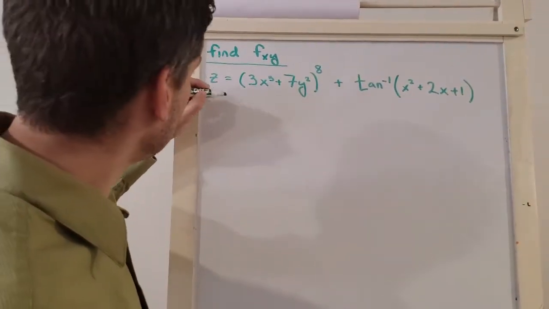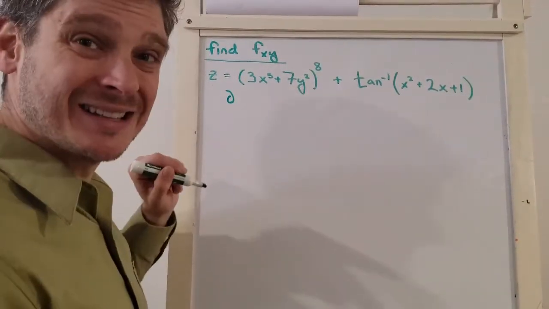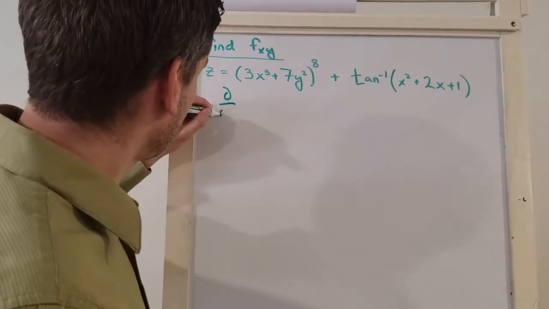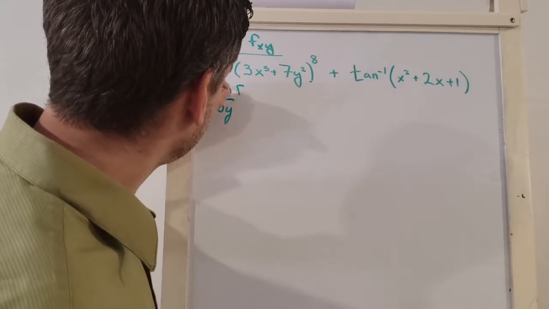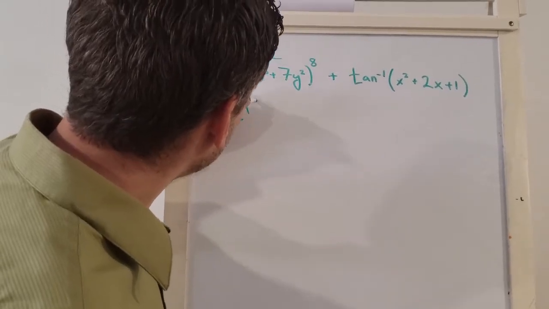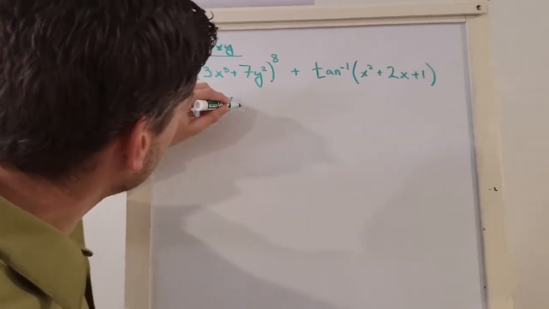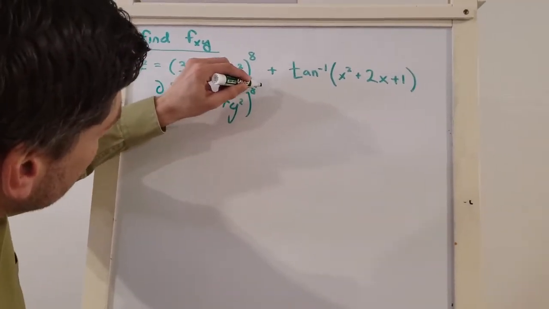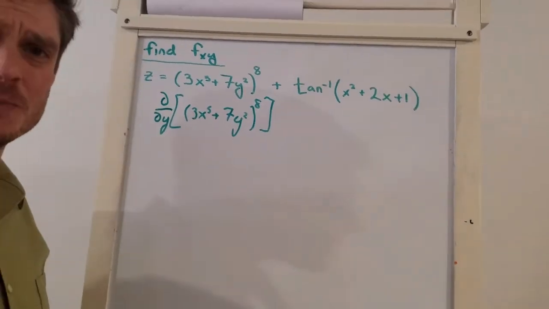So my notation, that partial notation, it's called a del, but we're just going to call it partial. So partial y of 3x to the 5th plus 7y squared all to the 8th. And again, we're going to split this up.